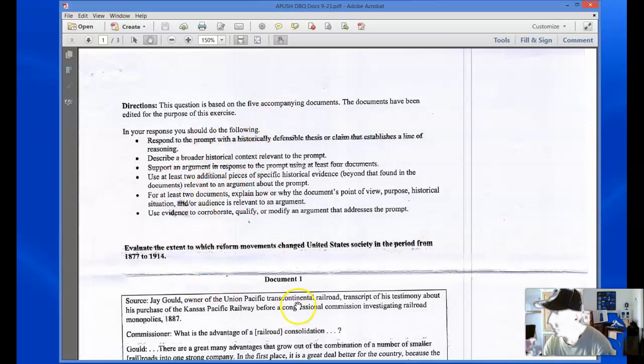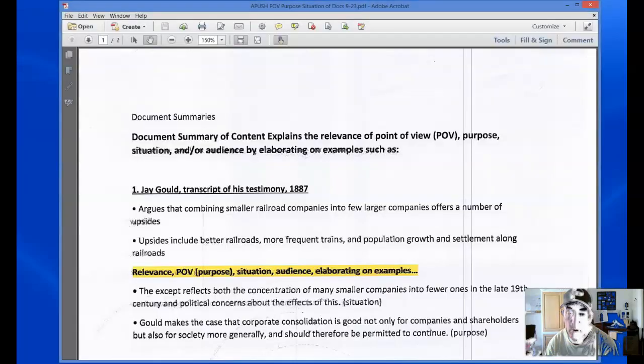So you're going to see documents like that. Those are the documents. What was point of view, purpose, historical situation? Let's see what that is. Like in the first document, it'll talk about the relevance, the point of view, or the situation.